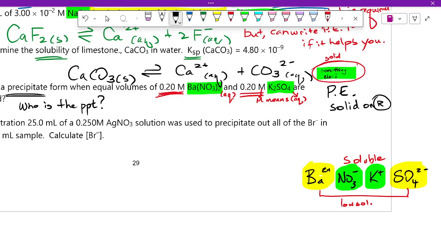In a precipitation equation, solid goes on the right. BaSO4, solid. What kind of arrow do we use in a precipitation equation? One-way arrow. Who goes on the left? Barium and SO4 2 minus.